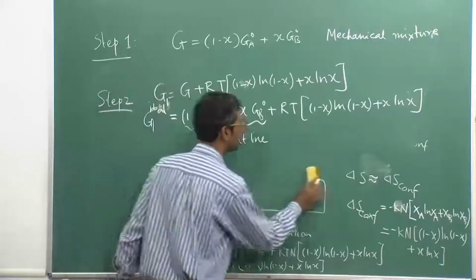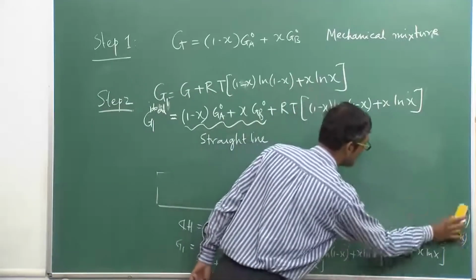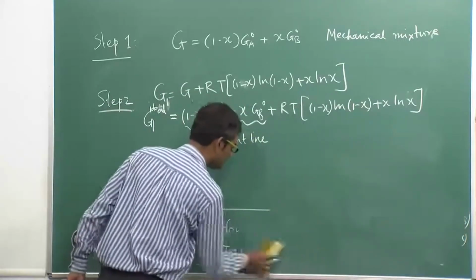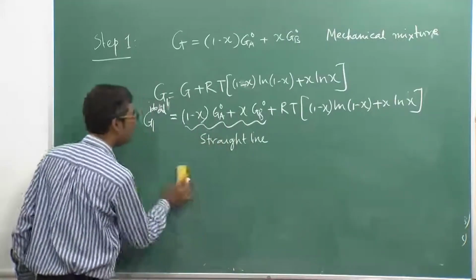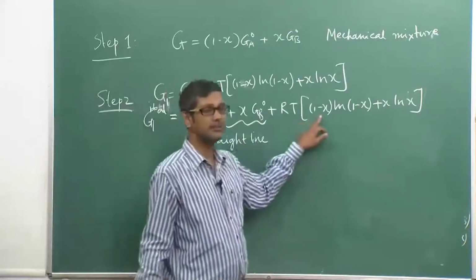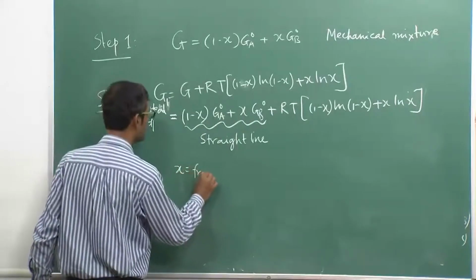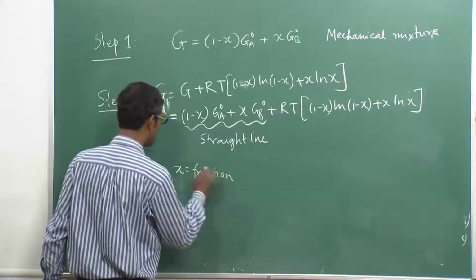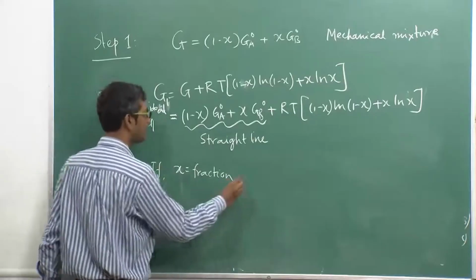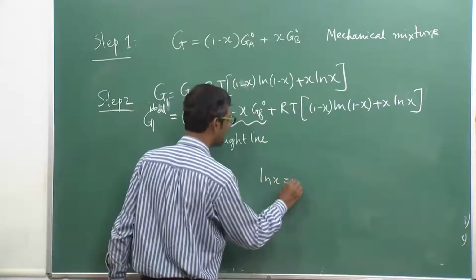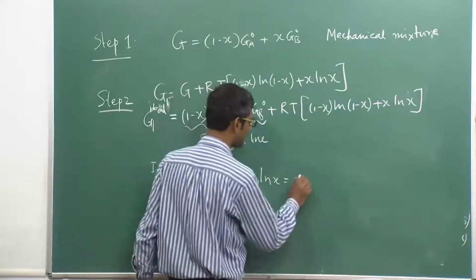What about the next part? Let us see what happens to the next part. We know that when x is a very small fraction, then log of 1 minus x is nothing but x, or rather minus x.